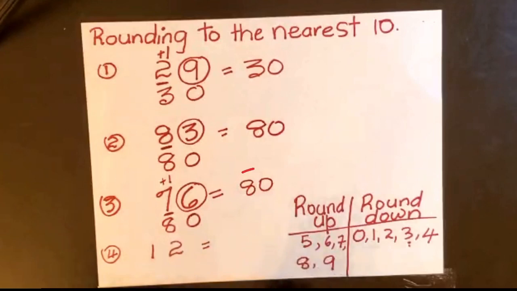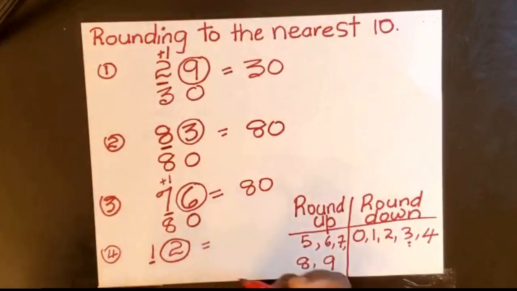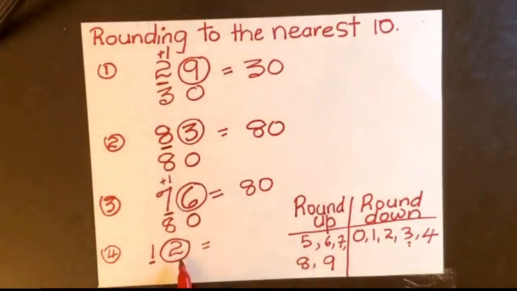Now I have 12, and I'm rounding 12 to the nearest 10. 2 is in the ones place, 1 is in the tens place, so I'm underlining my 1 and I'm circling the 2. What does 2 allow you to do? 2 is in the round down column, so 2 allows you to round down.